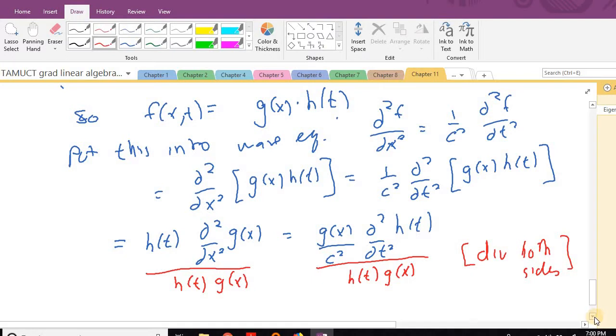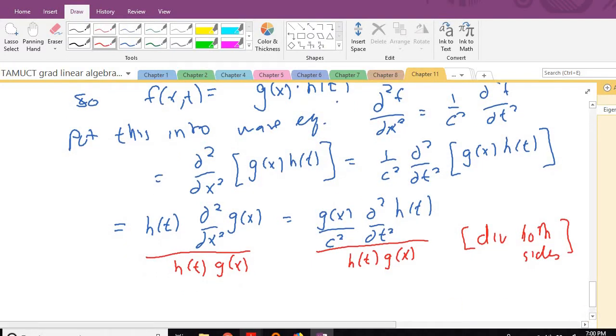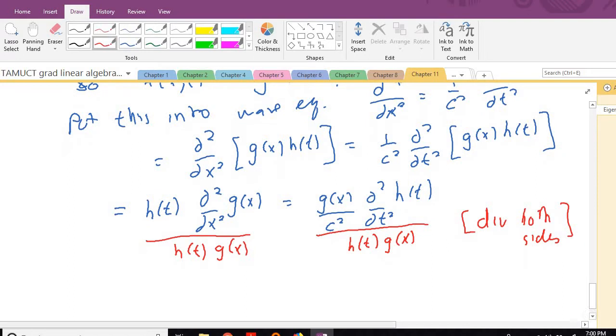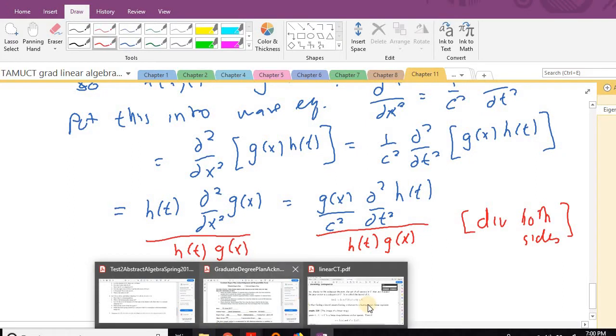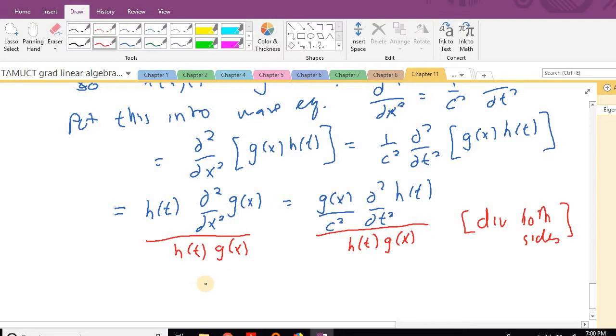All right, now what happens? What do I get on the left-hand side? The h's are gone. So what I have on the left-hand side is d squared dx squared times g of x divided by g of x.